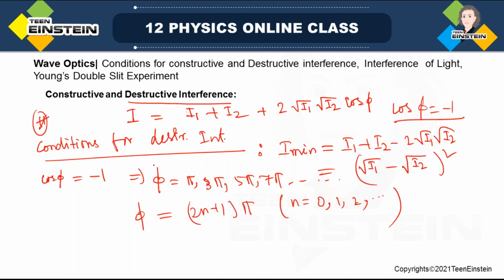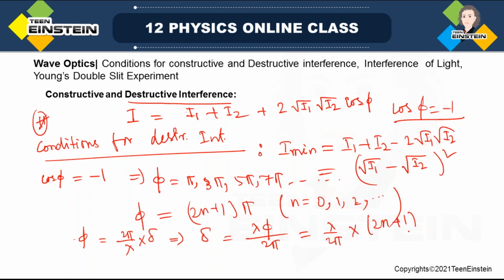Now if you want to go with path difference, a similar thing we will do: 2 pi by lambda into delta, which is the path difference. So from here, path difference will be lambda into phi by 2 pi. Phi we have already got. The condition for phi is (2n plus 1) into pi.